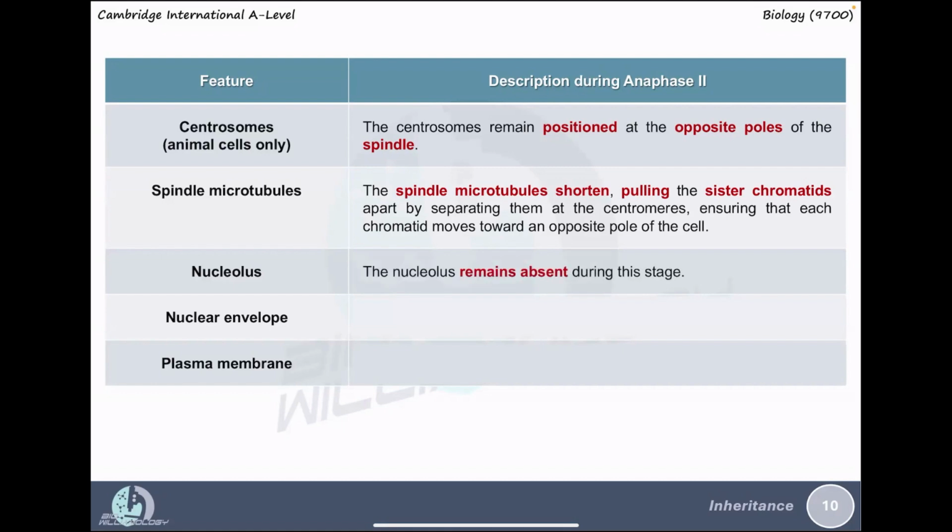The nucleolus remains absent during this stage, and the nuclear envelope remains disintegrated throughout the entire anaphase 2. Again, no event is associated with the plasma membrane, and the plasma membrane remains intact during anaphase 2.